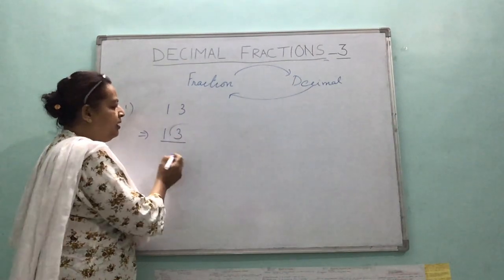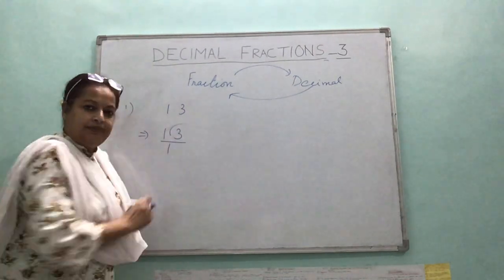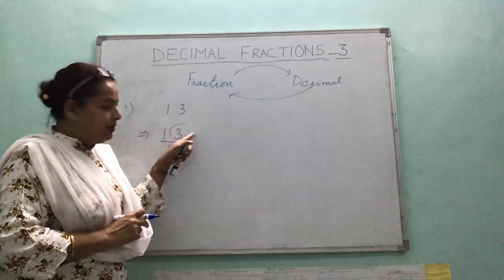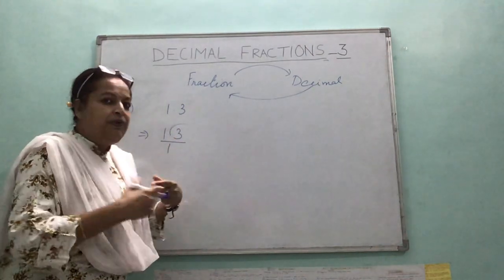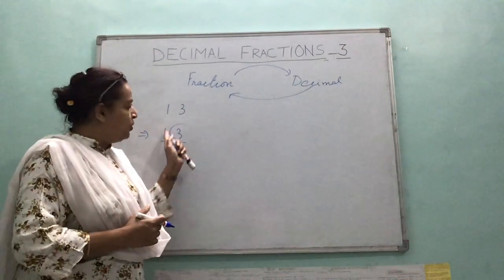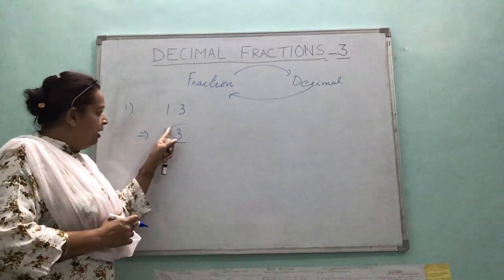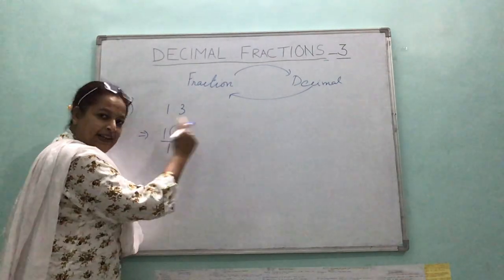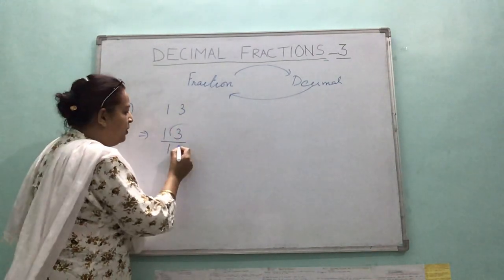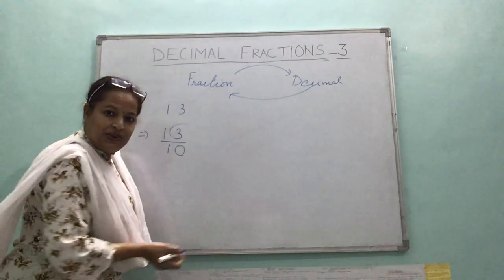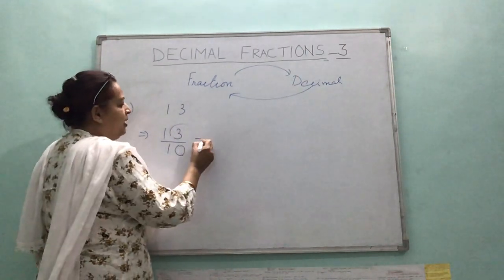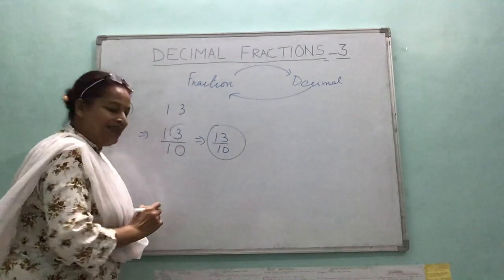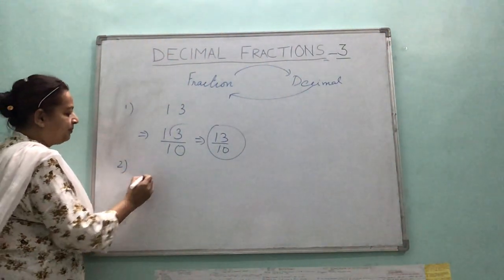Remove the decimal point and put 1. And as many digits as there are after the decimal, put that many zeros after the 1. So 1.3 is nothing but 13/10.